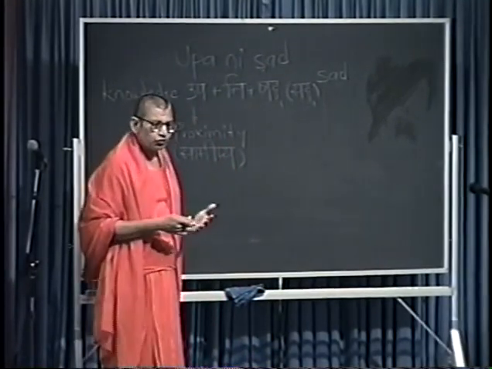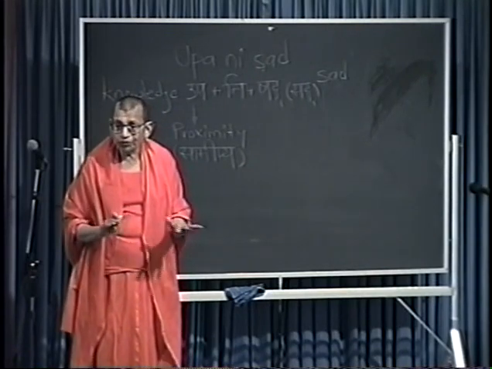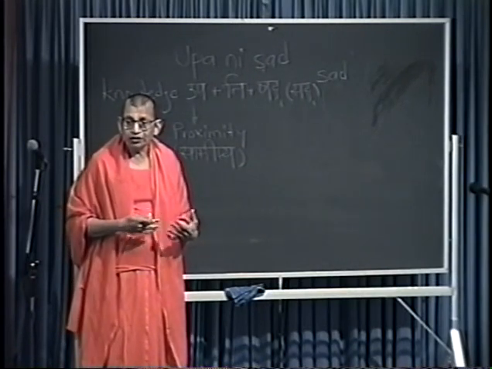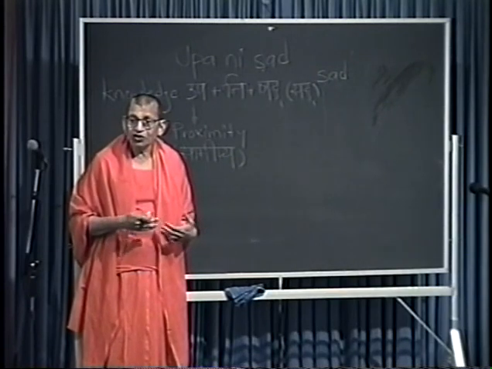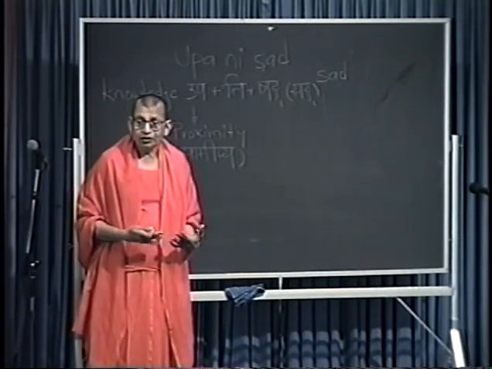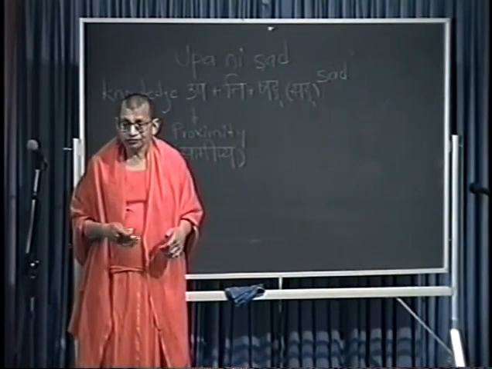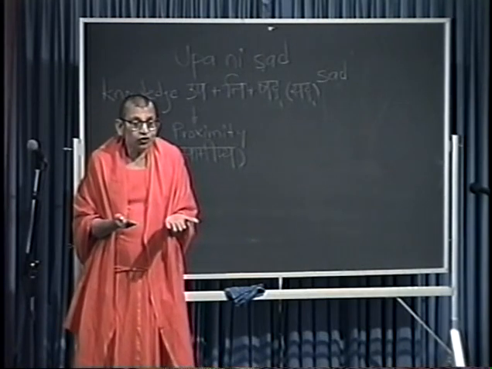So this prefix upa is used to denote samipya, proximity, which is that Upanishad is the knowledge of something that is proximate. And the proximity without any qualification. So it is the proximate.